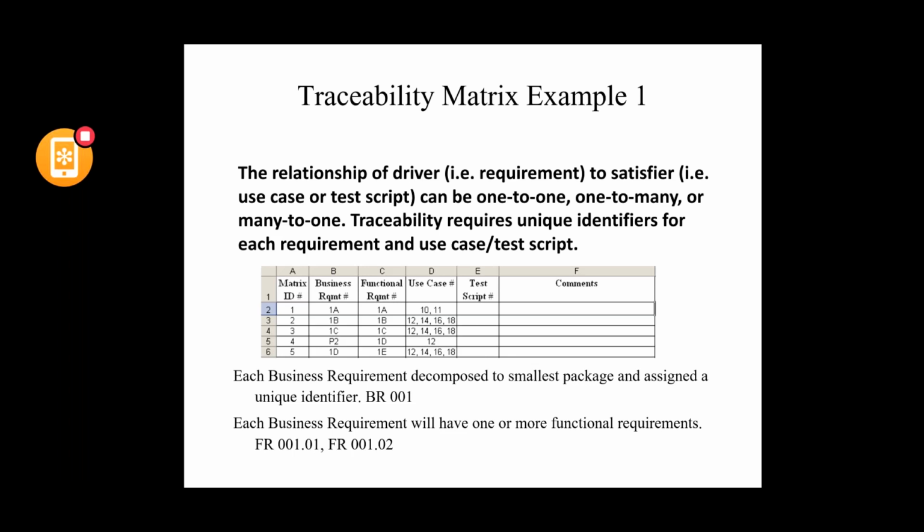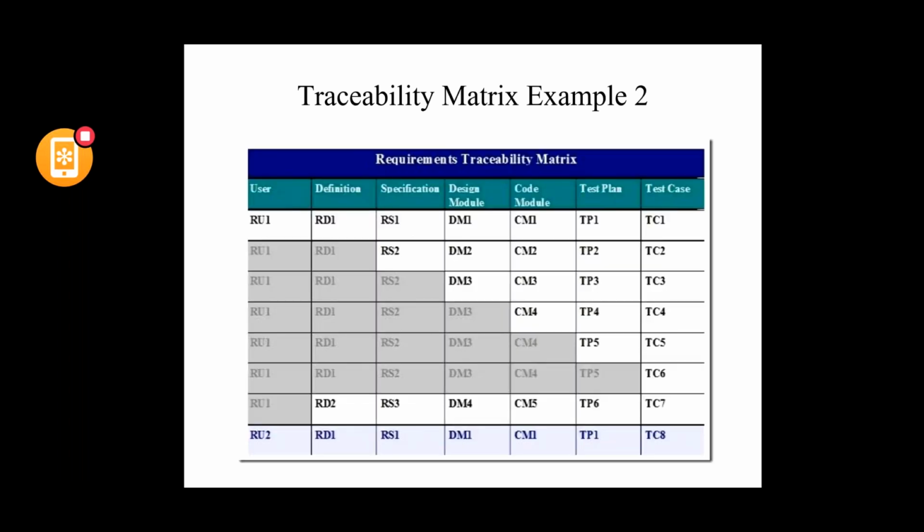That way you can establish a relationship between the business requirement and the subsequent layers of information like the functional requirements. Now this is a traceability matrix, so this gives you a better understanding.